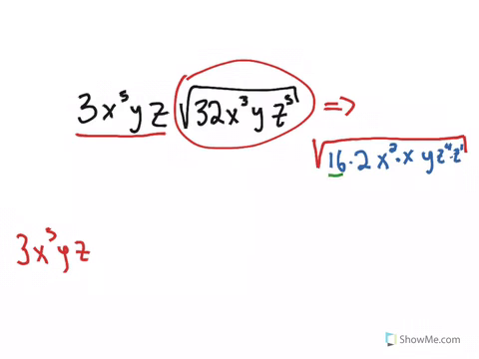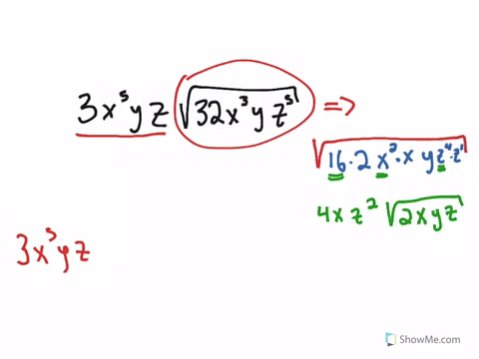Now the perfects are the 16, the x squared, and the z to the 4. Simplify that. Square root of 16 is 4. Square root of x squared is x. Square root of z to the 4 is z squared. My leftovers are the 2, the x, the y, and the z.